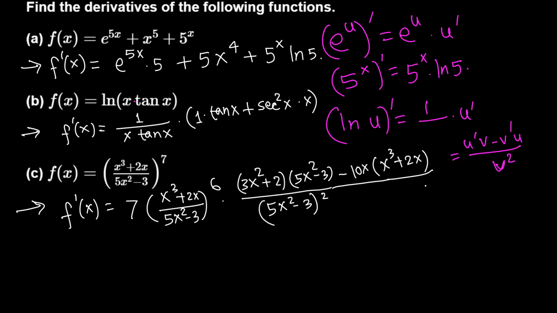Okay, we don't have to simplify. The best we could do is multiply these two for FOIL, distribute 10x, and combine the like terms. Okay, but this is it.